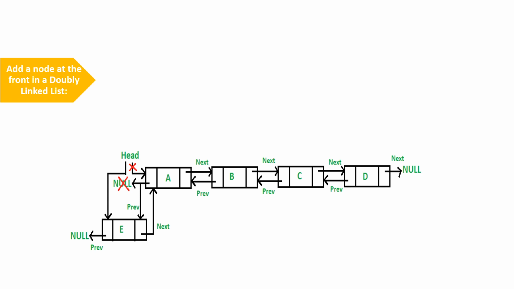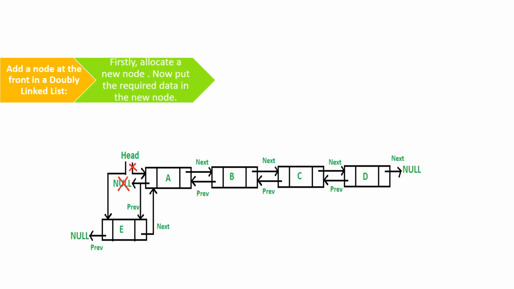First we can add a node at the front of the doubly linked list. For that, first allocate a new node.